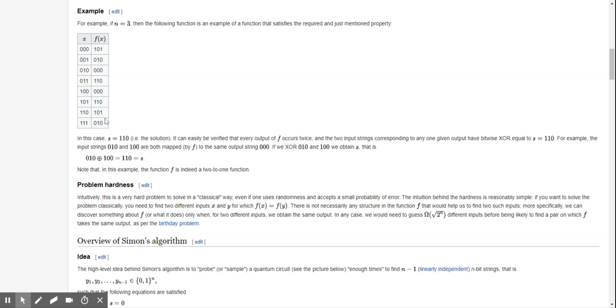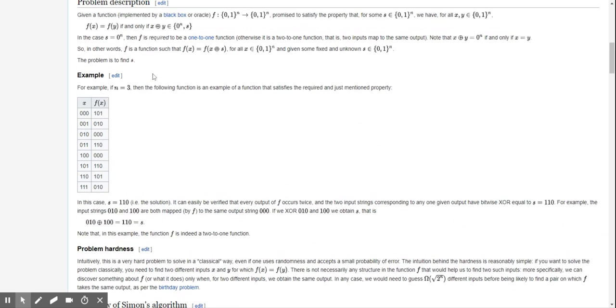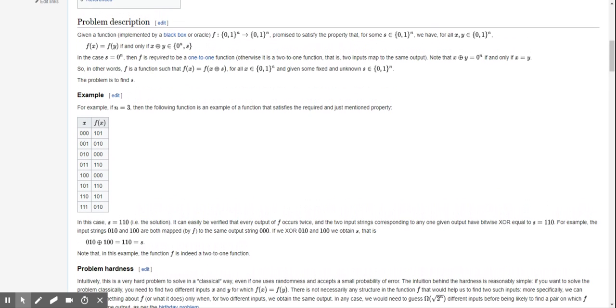See, what you're getting is 101, 101. There's always two values. Given a function, we must decide the property from some s.